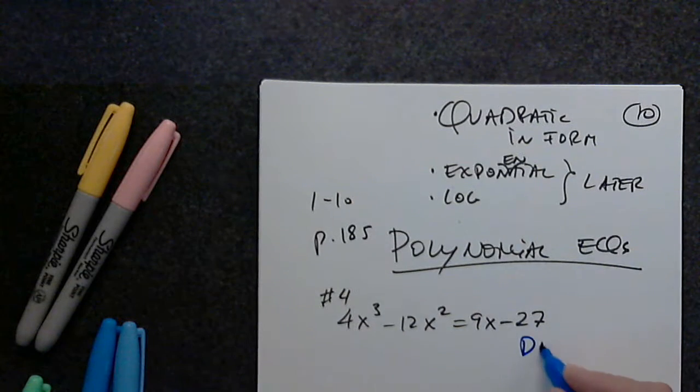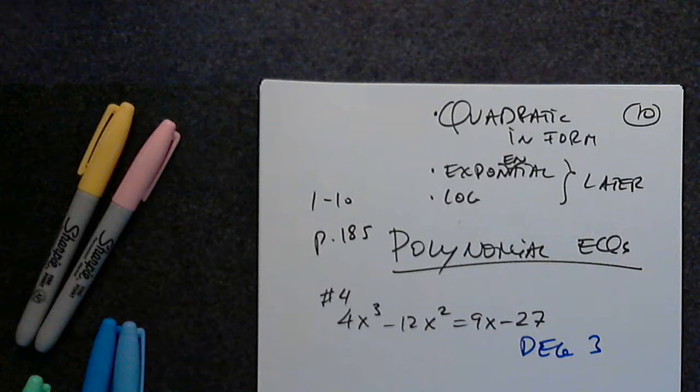It cannot be linear. It cannot be quadratic because it's degree 3. It cannot be rational. It doesn't have x in the denominator. How many solutions are we after forever, always? Exactly the degree. In linear, we were after 1. In quadratic, we were after 2. In cubic or degree 3, we are after 3. Exactly 3. Good.